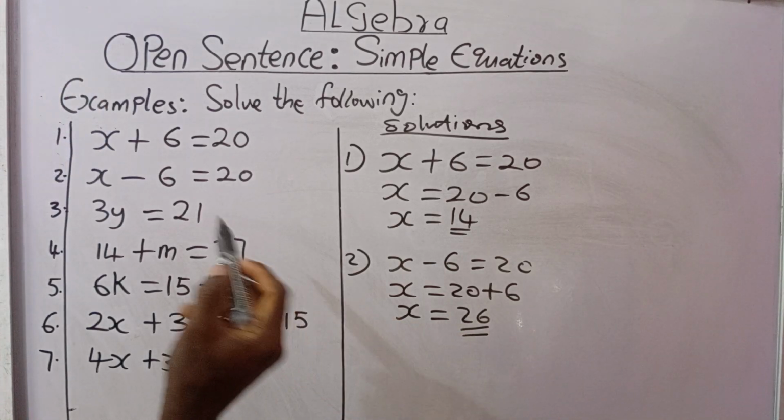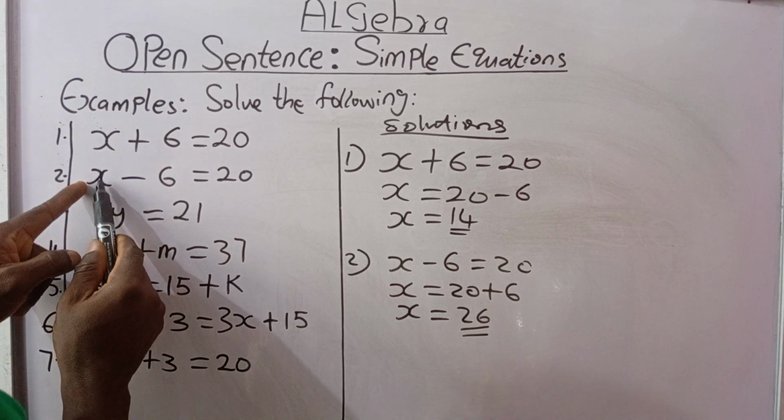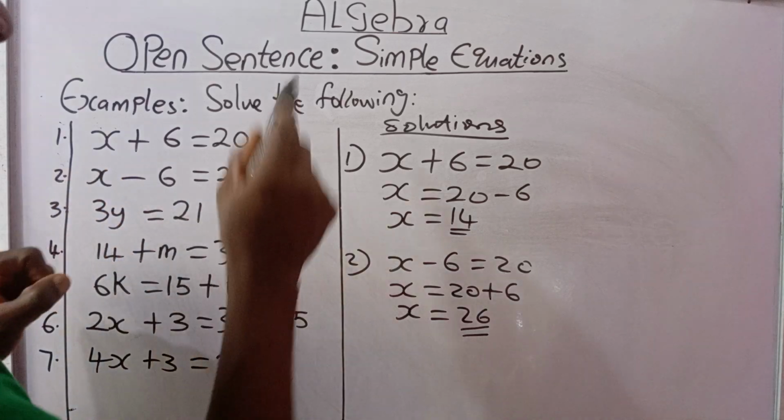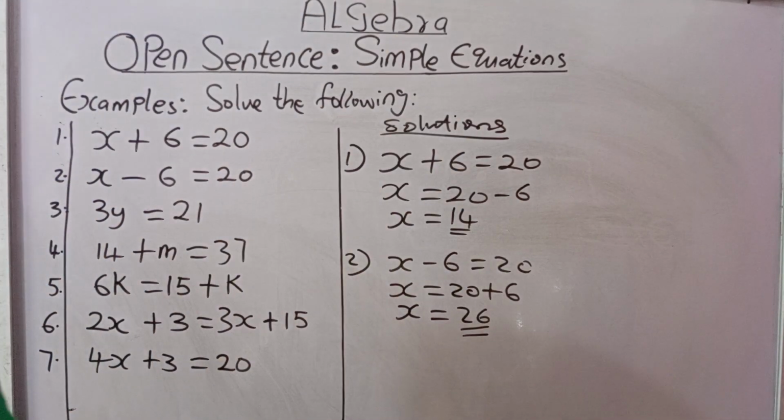So 26 is the number that goes into this, so that when we say 26 minus 6, it will give us the same thing as 20. So it will neither go this way nor the other way. So that's exactly what we are talking about. I hope number 1 and number 2 are quite clear enough so that we can erase it and move to the next example. Have you taken note of number 1 and number 2?